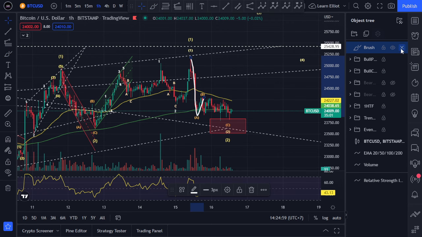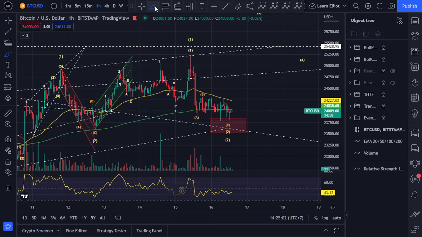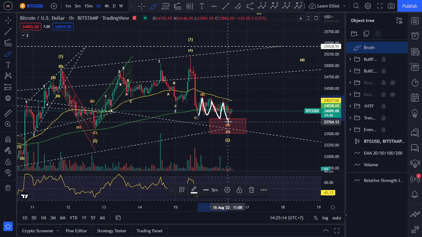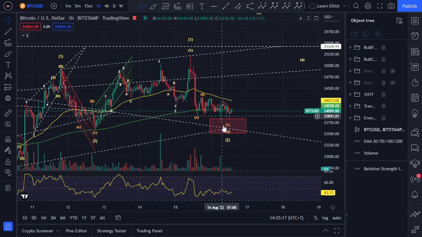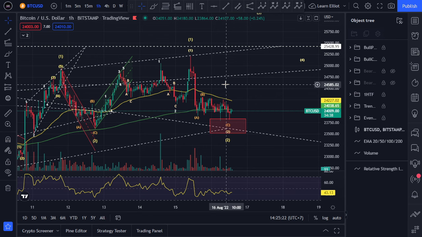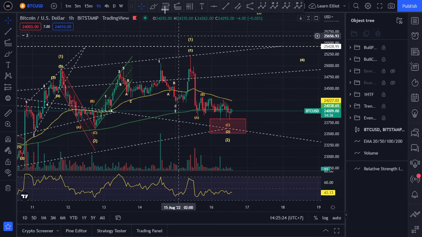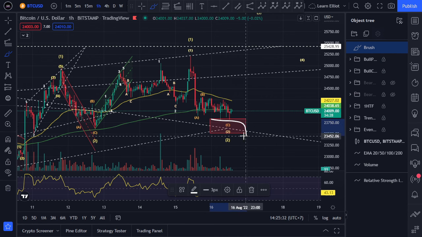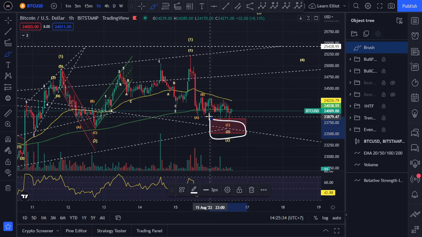By looking at the chart right now, we are in this disjoint channel forming an ABCDE triangle wave Elliott pattern. It's a little bit unclear about the price movement, but it has at least dropped to this rectangle target that I already drew yesterday.